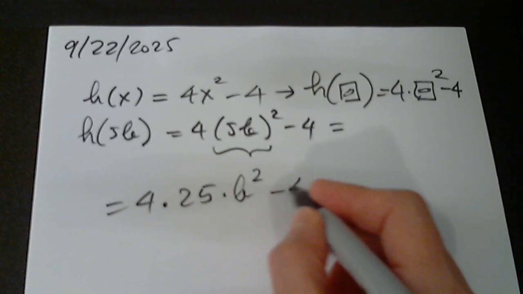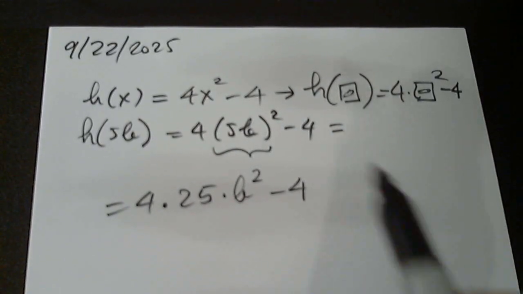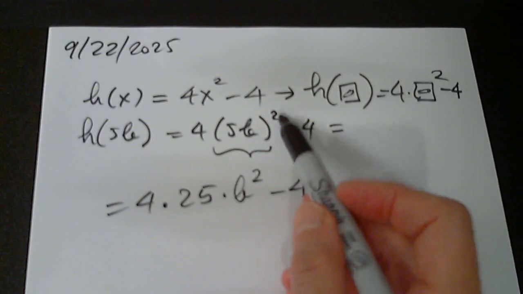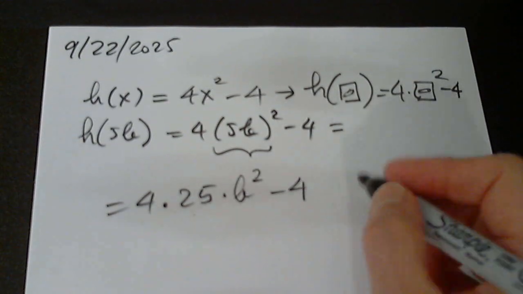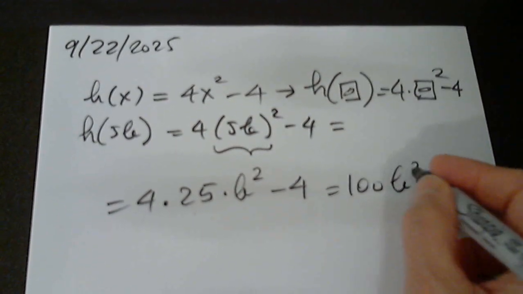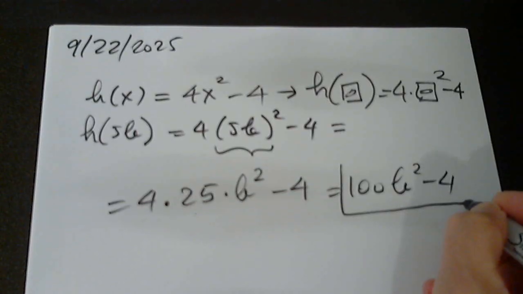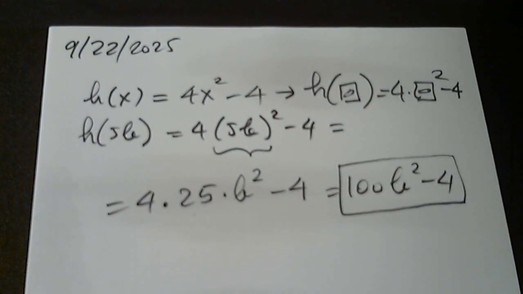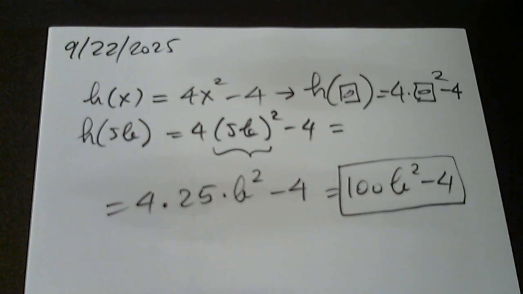Yes, I cannot pick and choose. Perfect. So it's 5 squared, b squared. Awesome. 4 times 25 is 100 b squared minus 4. No one can touch this anymore. We completely simplified it. These are not like terms. We cannot proceed any further.